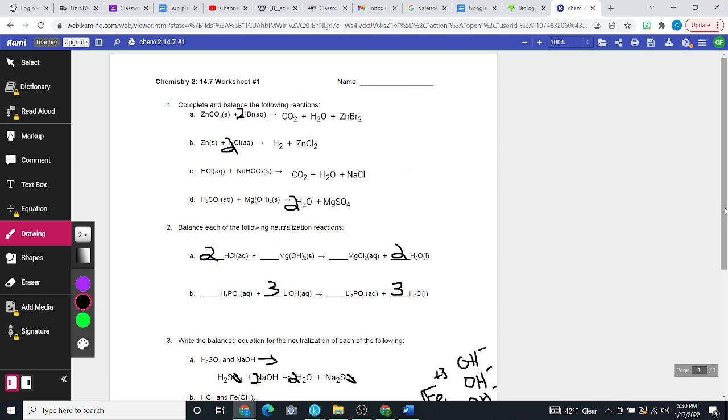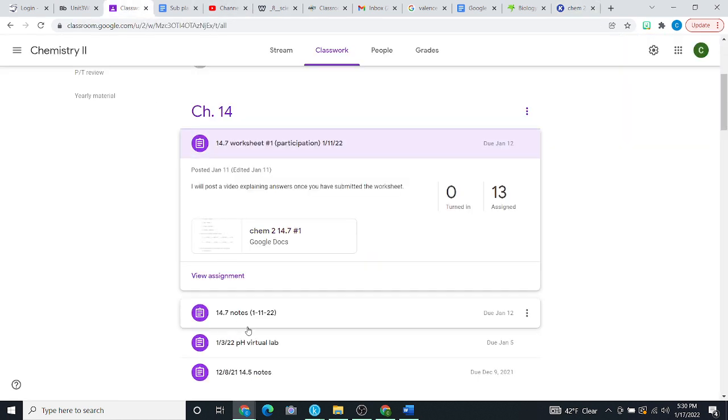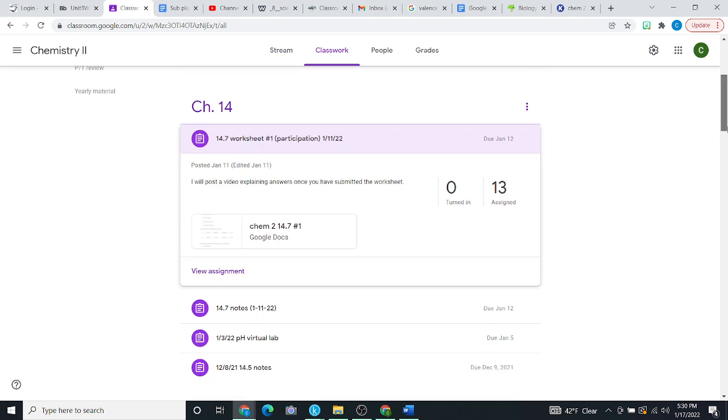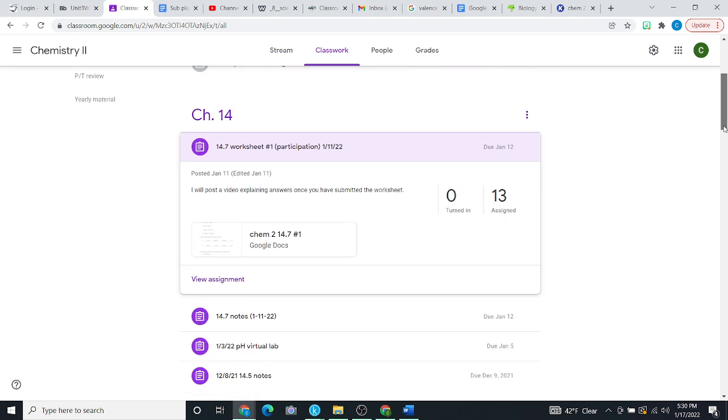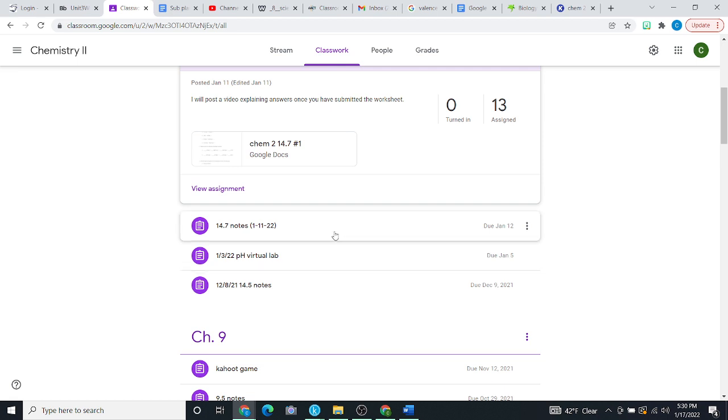Now you're going to have worksheet number 2, which is for a grade. That's why I make sure that I went over this with you. So let's go to that real quick. I don't even have it here yet.